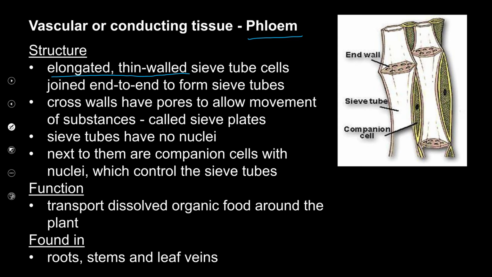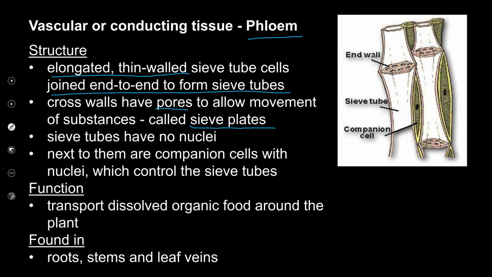They've got these little things between them, and those are called sieve plates. So they are joined end to end to form long tubes called sieve tubes, and they have cross walls with pores, and those pores are called sieve plates, so that substances can move down through the sieve tubes and pass through those sieve plates.